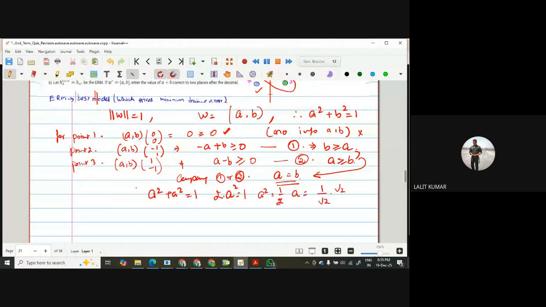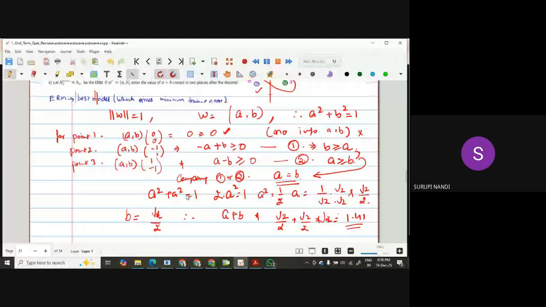So this becomes root 2 by 2, and B also becomes root 2 by 2. Therefore, in the question they are asking A plus B. This will come root 2 by 2 plus root 2 by 2 is equal to root 2 is equal to 1.41. Okay.